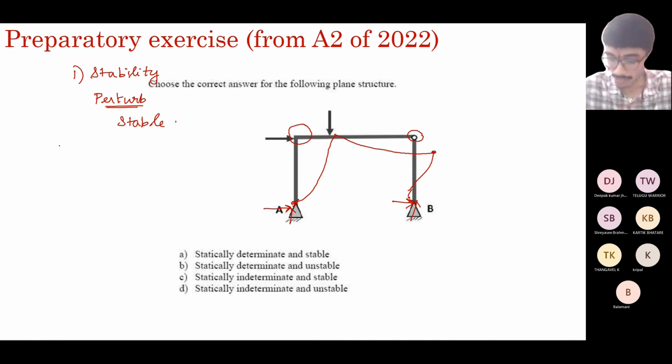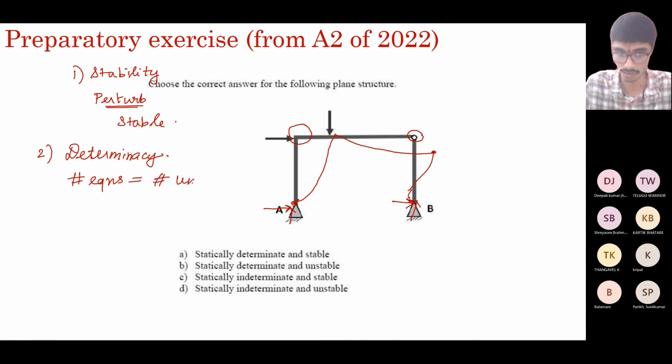And again, coming to determinacy. What did I say? You should check if the number of equations is equal to the number of unknowns. Is this satisfied? So what are the unknowns in this problem? How many equations do we have?